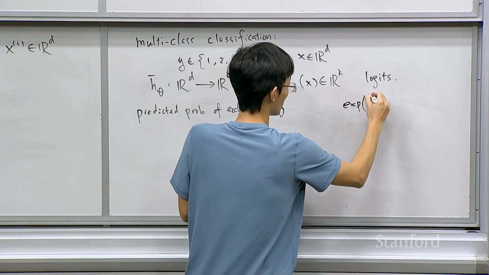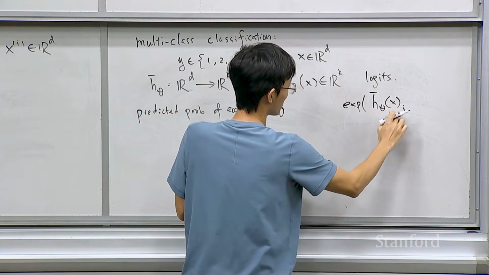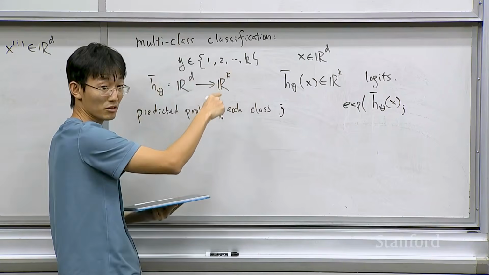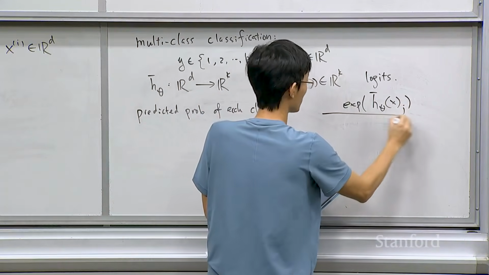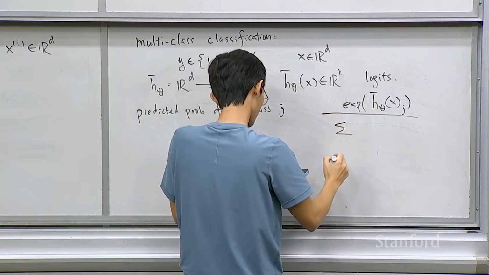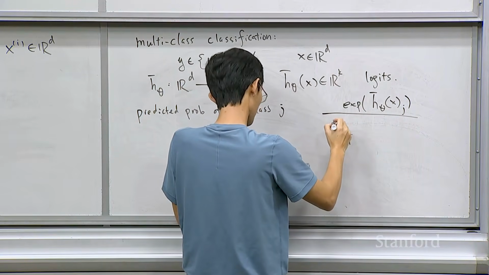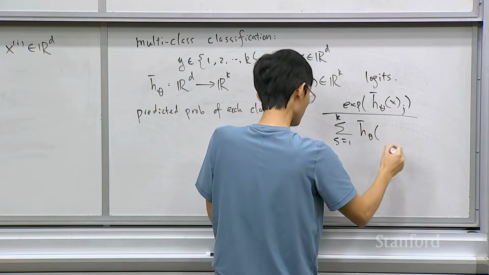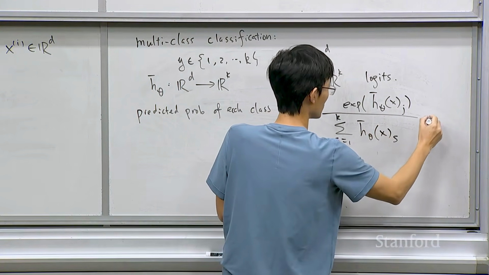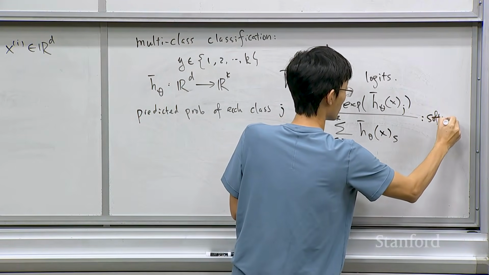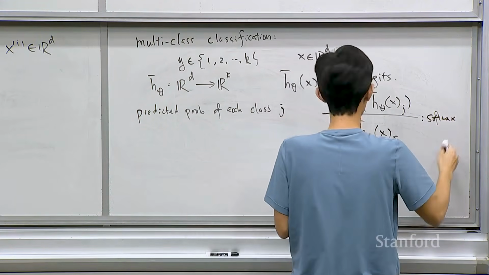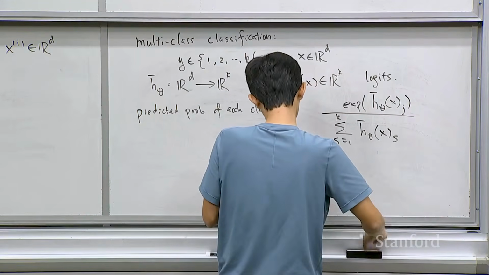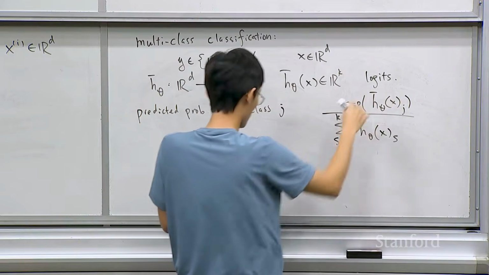You look at the jth output, index j meaning the jth coordinate of this k-dimensional vector, and then divide by the sum of the exponentials of all of them. This is the so-called softmax function of h.